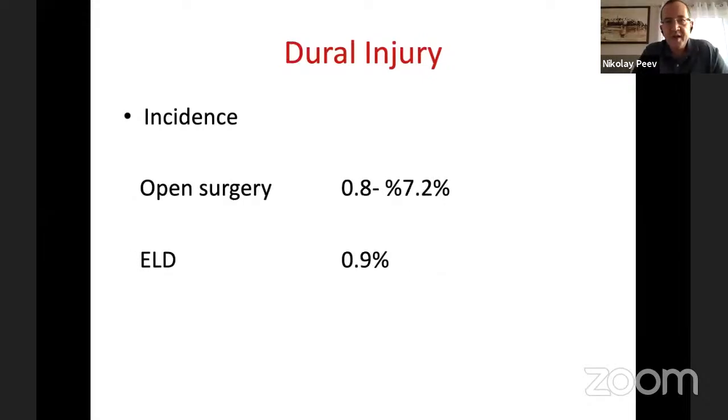Dural injury: again, with endoscopic surgeries, you can expect less dural injury compared with open surgery, but it is not zero, especially with your first cases, as you're familiarizing yourself with the technique and with the instruments. The good thing is that even if you have a small dural tear, you can just leave it as it is, and the consequences are minimal, or it will be completely clinically silent.